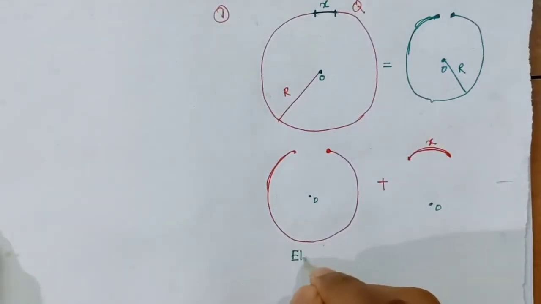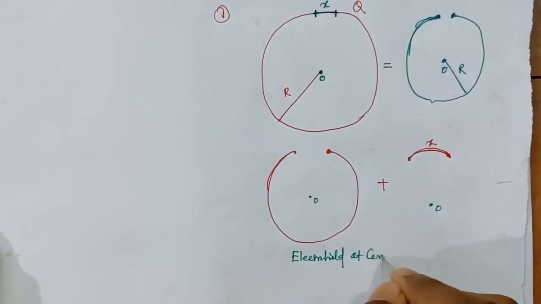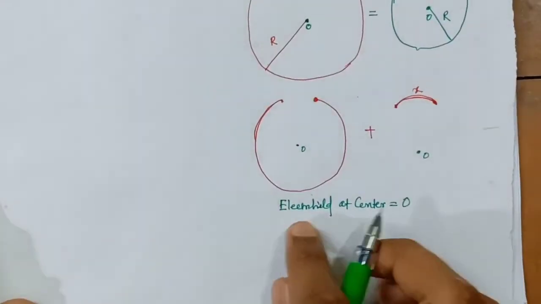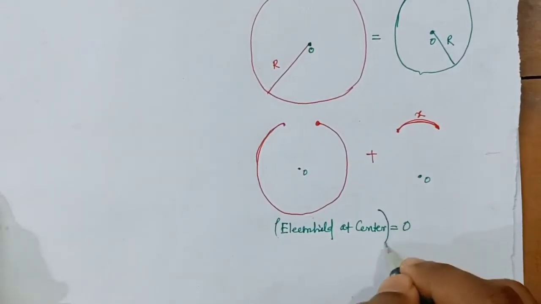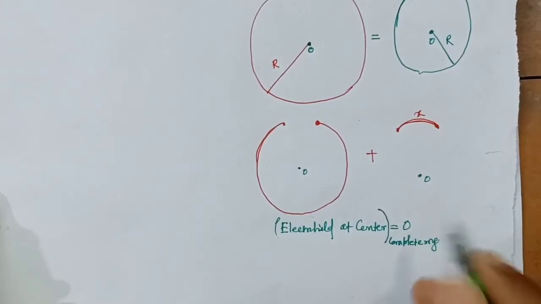Electric field at center is 0. And this electric field at the center of the complete ring is 0.